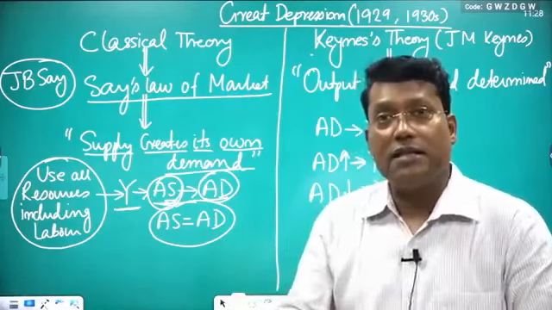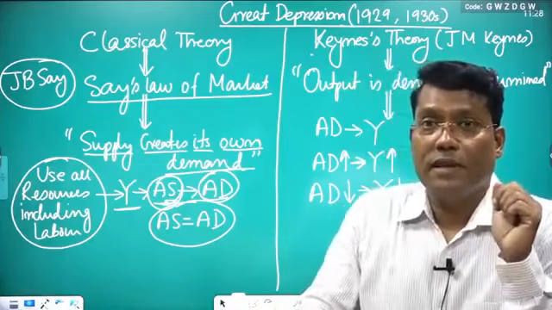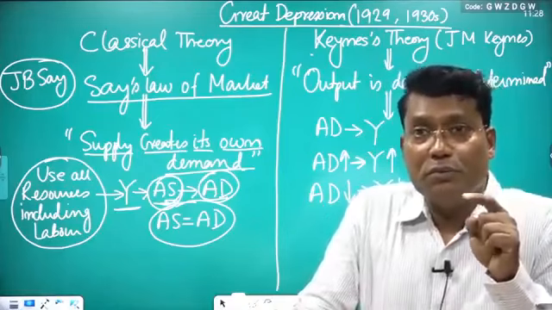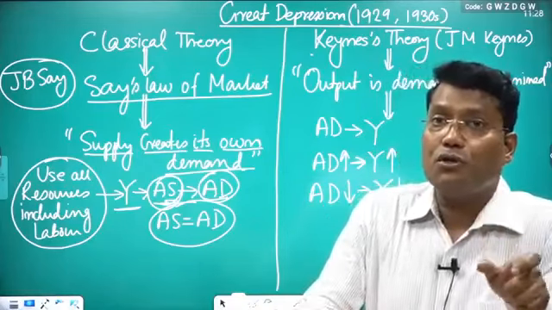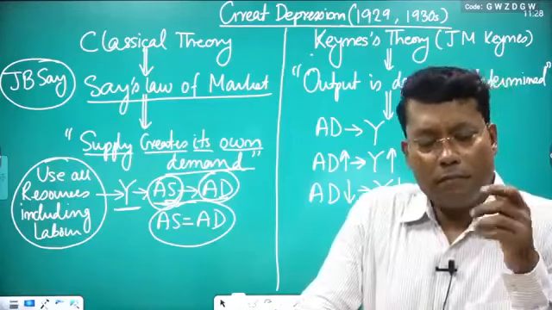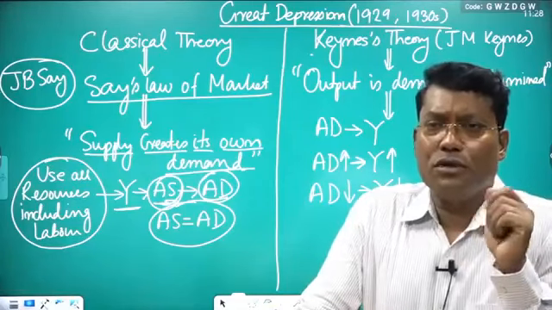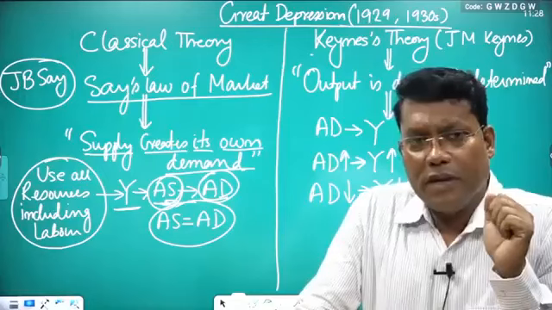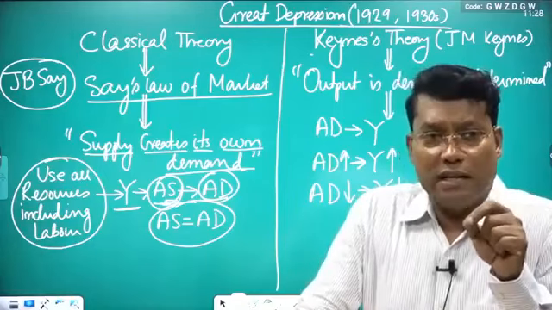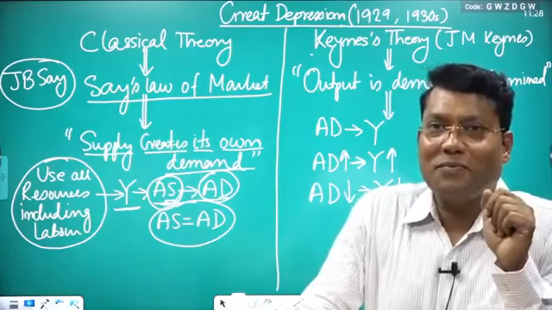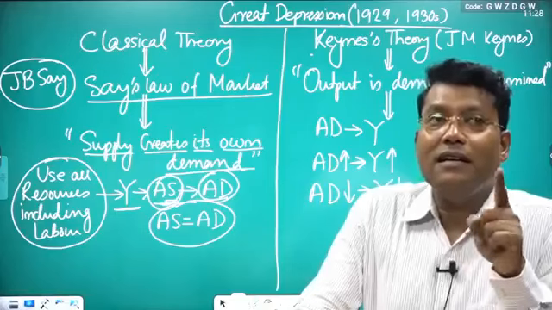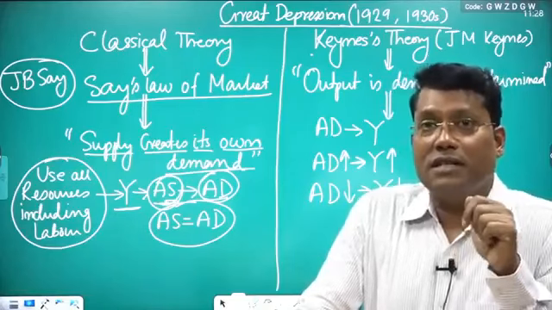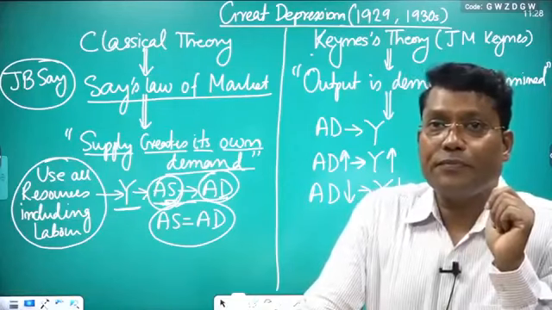Let us consider, assume yourself, that you produced 1000 units of goods and services. Say any article, any goods, you produce 1000 units. You are able to sell only say 10 units. So 990 units remain with you.